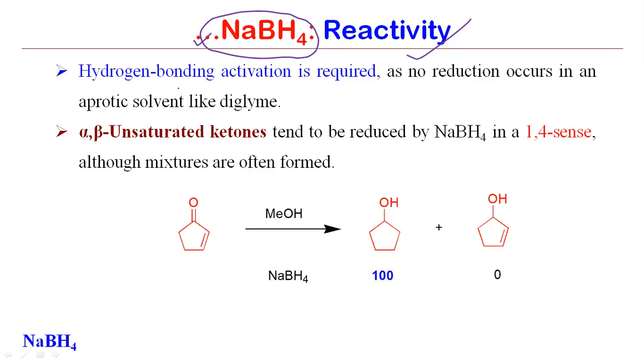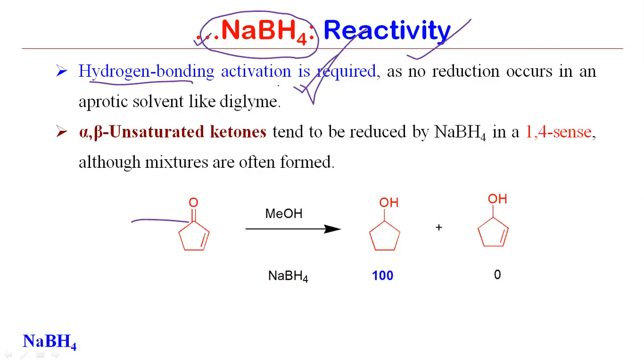If we take a protic solvent, that protic solvent can form hydrogen bonds with the substrate. By the formation of the hydrogen bond, the substrate can be activated so that the nucleophilic hydride can react on this carbonyl electrophile. So this is the point which we have to remember.